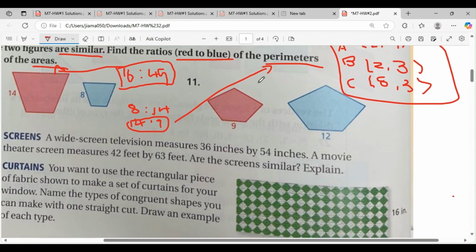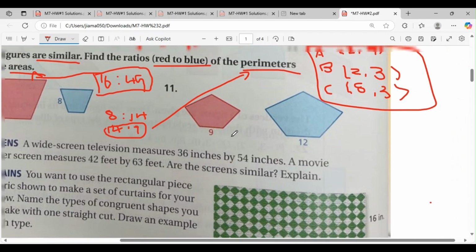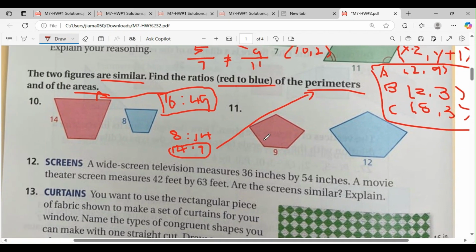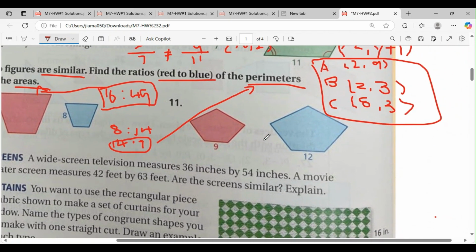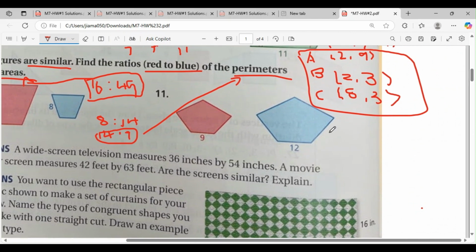Next, this one is the same as number 10. We should find the ratio of perimeters first. Red to blue, so write 9 down first, and then write 12.